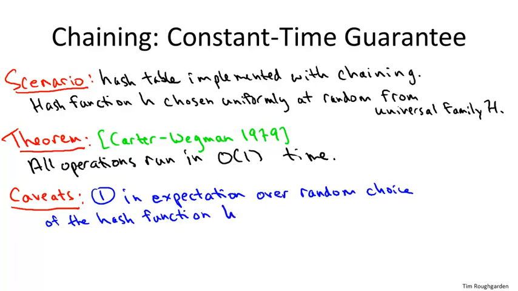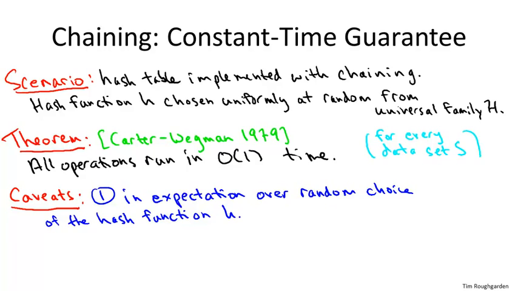It was a completely arbitrary input array, and the guarantee said on average over the real-time randomized decisions of the algorithm, no matter what the input is, the expected running time was n log n. Here we're saying again, no assumptions about the data. It doesn't matter what you're storing in the hash table. In expectation over the real-time random decision of what hash function you use, you should expect constant time performance, no matter what that data set is.